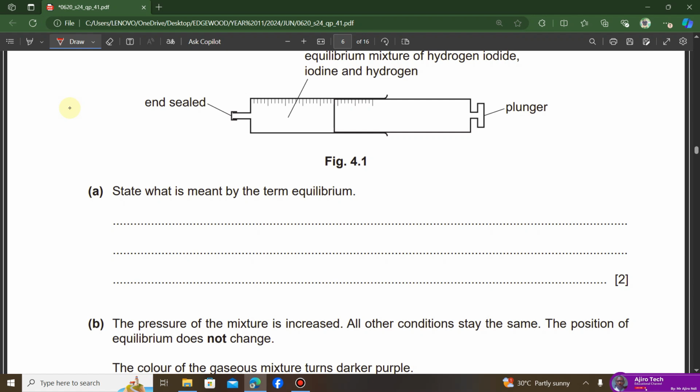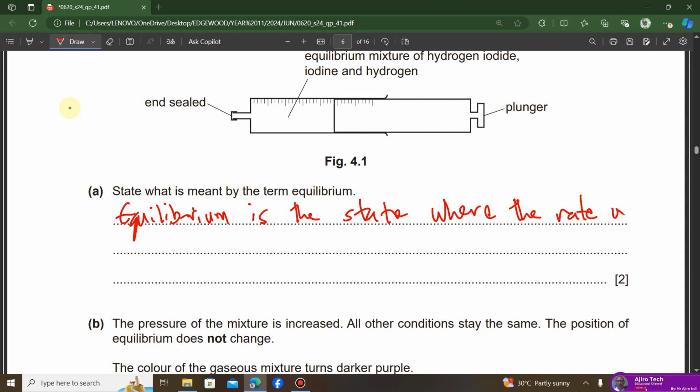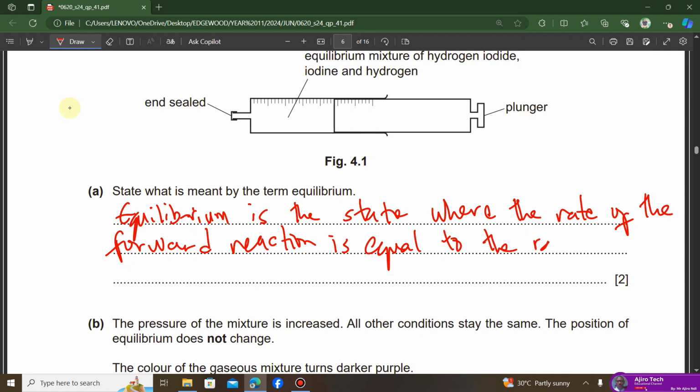So equilibrium is the state where the rate of the forward reaction is equal to the rate of the backward reaction.